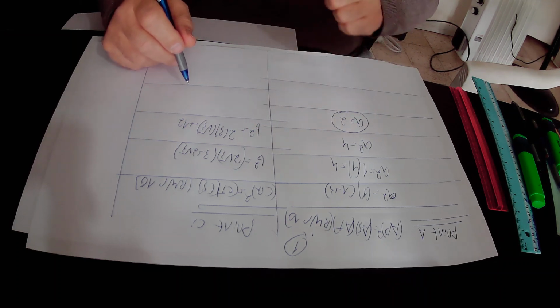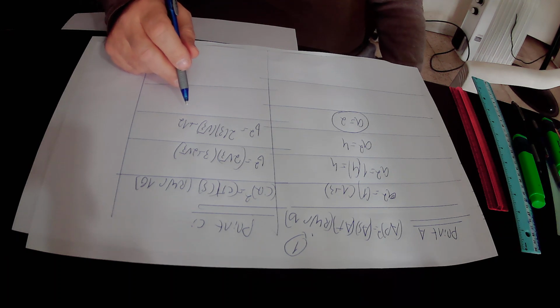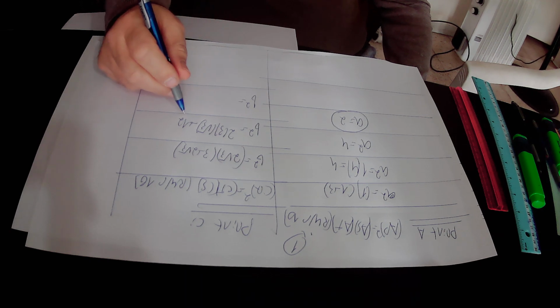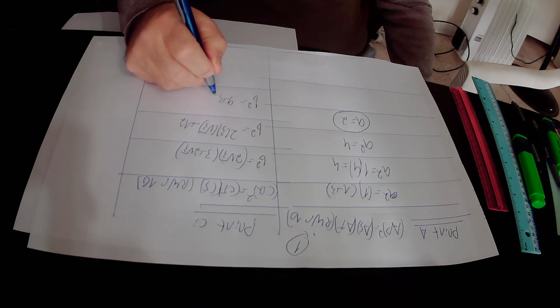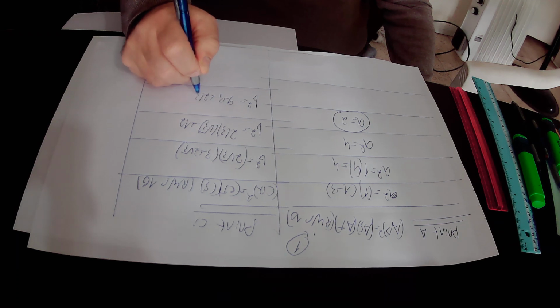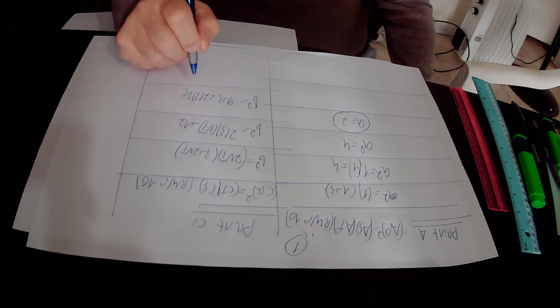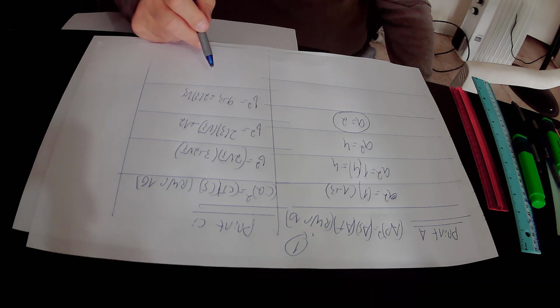So B squared equals 2 times 3 times square root of 3 plus 12. We substitute 12 by 9 plus 3. So in conclusion, B squared equals 9 plus 3 plus 2 times 3 times square root of 3.